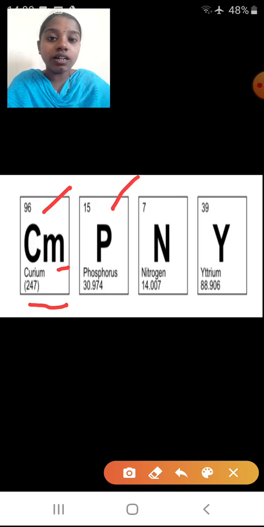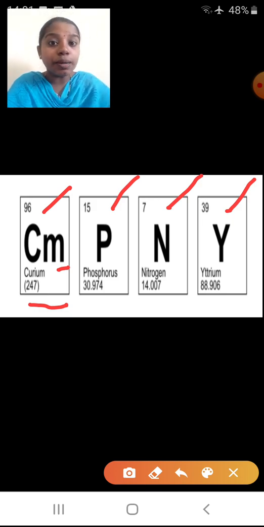Okay, so here some of the elements have got symbols depending upon their names, which are different. So here potassium, you know, we are writing as K. From their Latin names they have got the symbols. Okay students, then next nitrogen, we write it as N, and yttrium we write it as Y. These are all the elements which are present in the periodic table.